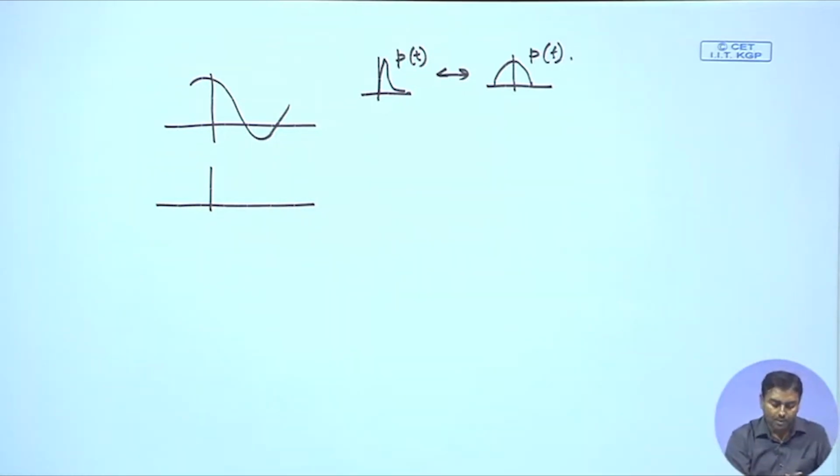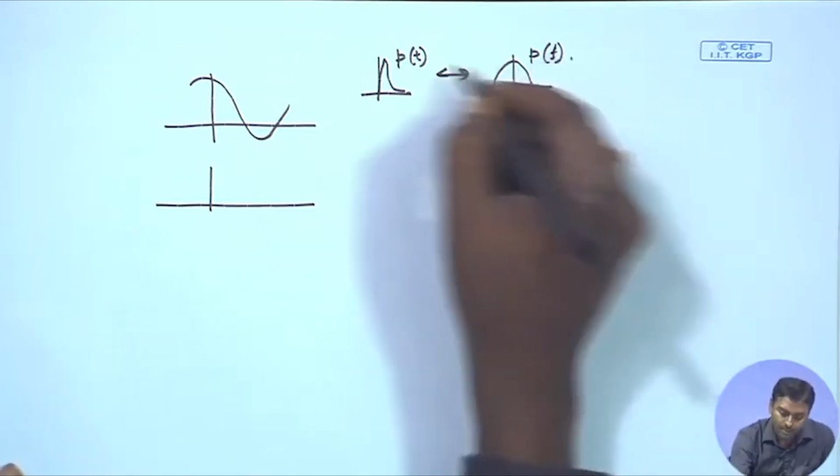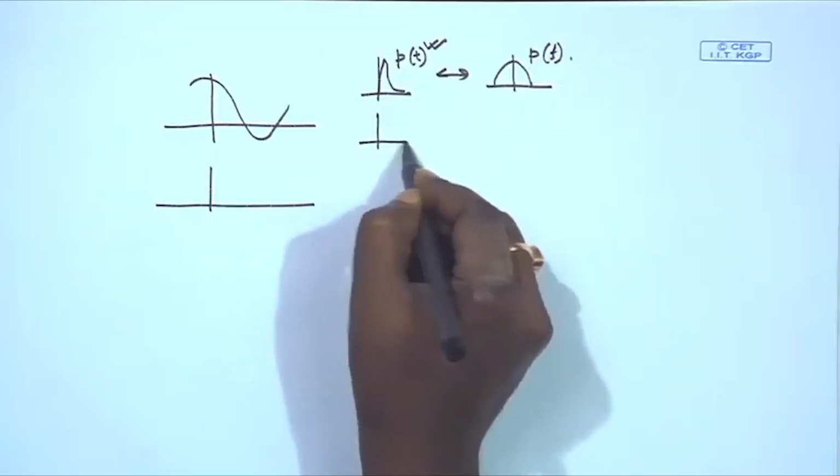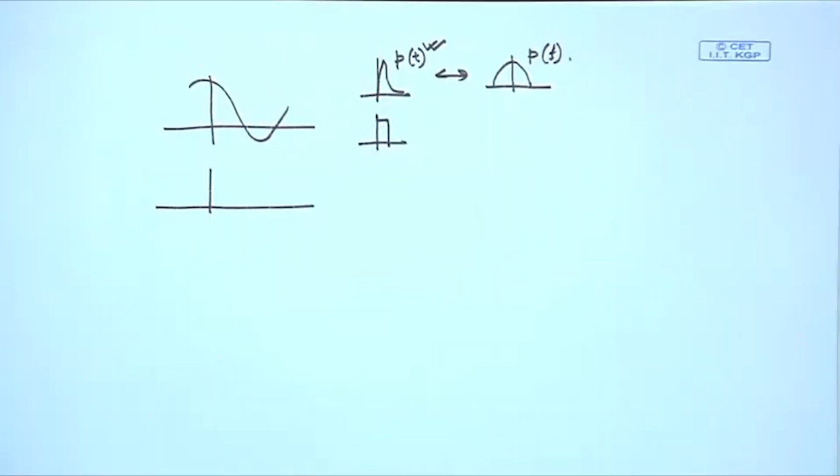So, there is some pulse and we know the corresponding frequency response of that pulse. We are trying to make this analysis generic, so that it will be true for any pulse you put in. We can have a pulse of finite duration, which will be just a special case of p(t).